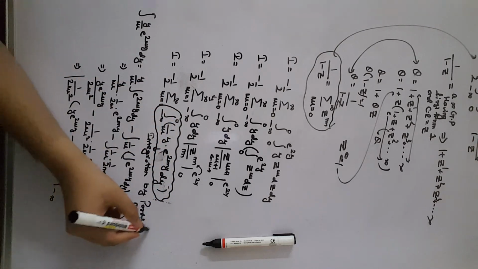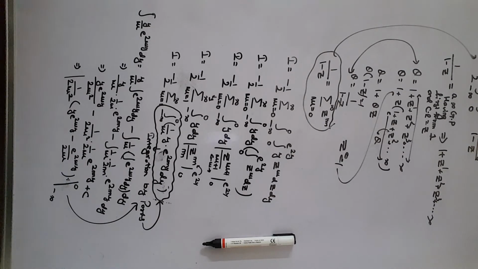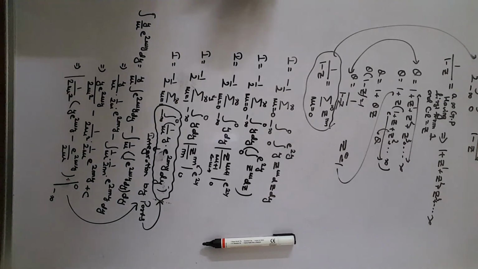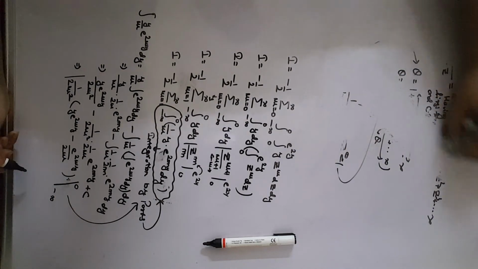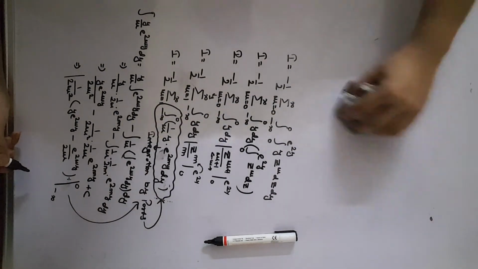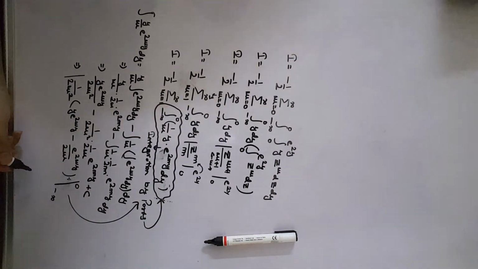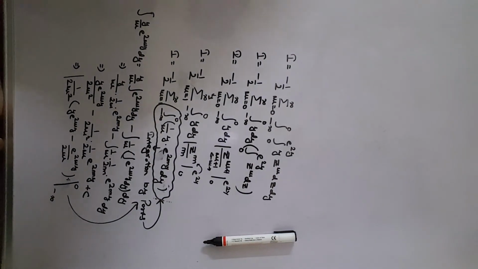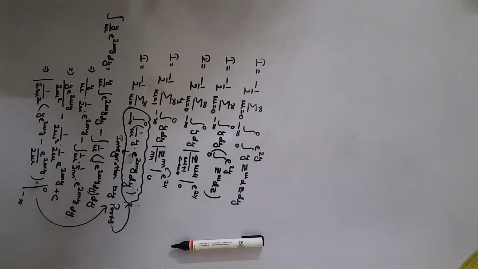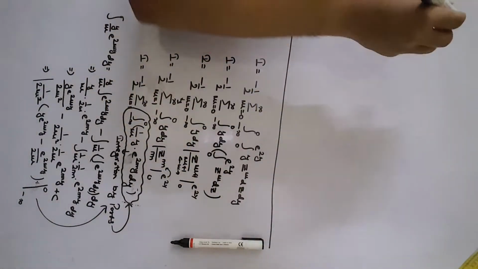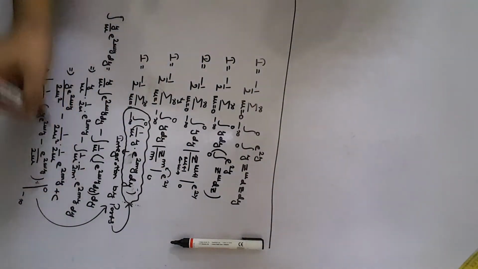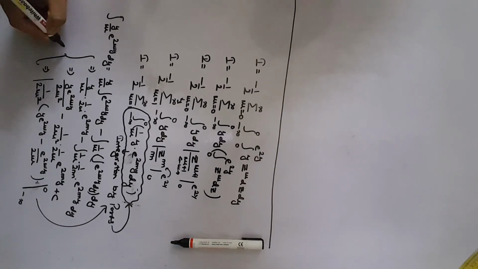So this question is almost over because we are heading towards the answer now. I'm going to rub this part. I hope you can see the solution here. So I'm starting from here, meaning this process which I need to do.